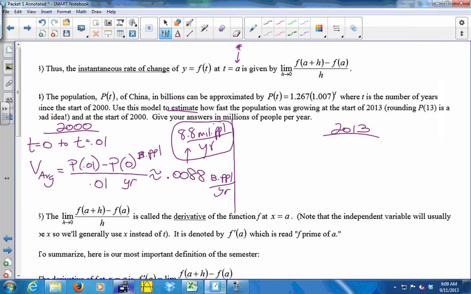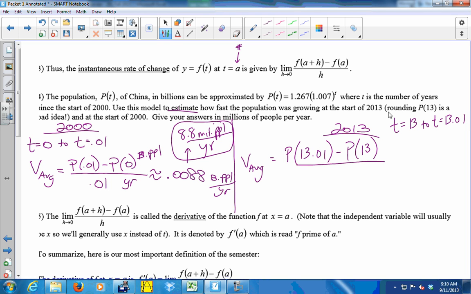Okay, so now we're going to do a similar thing for 2013. Let's just use the same approach where we use a 100th of a year. So I'm going to go from t equals 13 to t equals 13.01. 100th of a year, pretty small, relatively small time interval. So my average velocity is going to be p of 13.01 minus p of 13 over 0.01.